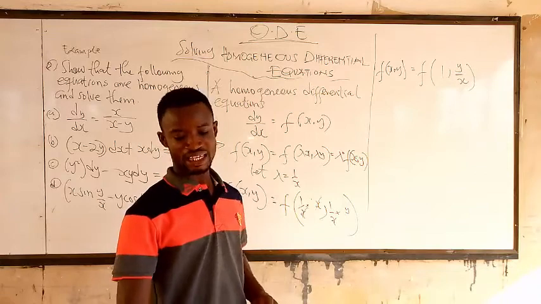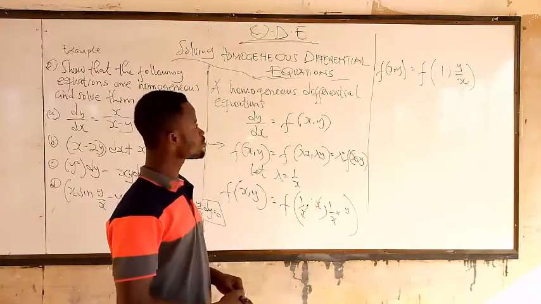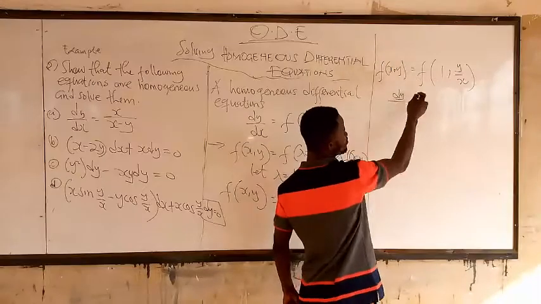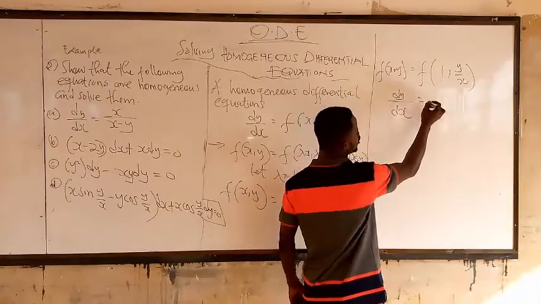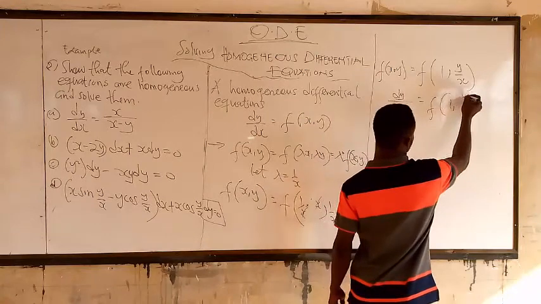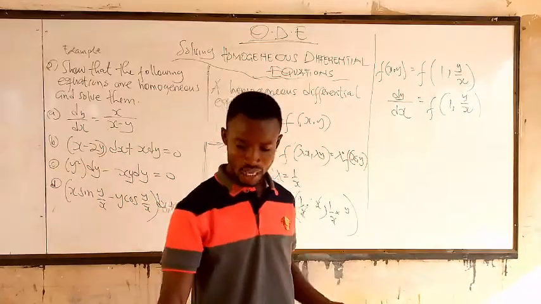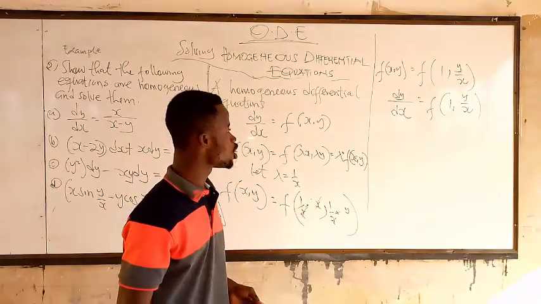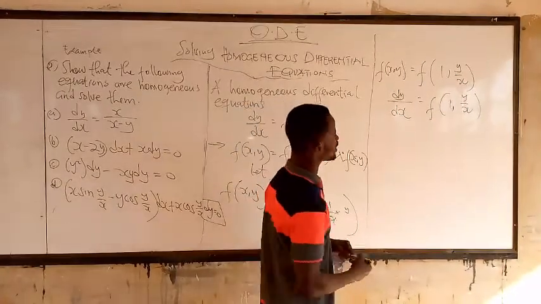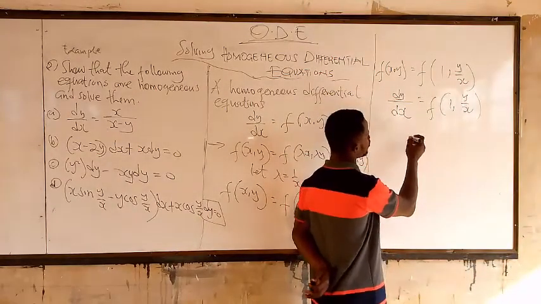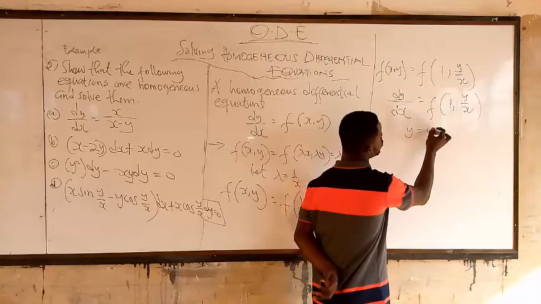So this implies that dy/dx is equal to f of 1 comma y over x. So here we are going to do something. We are going to put y to be equal to ux.